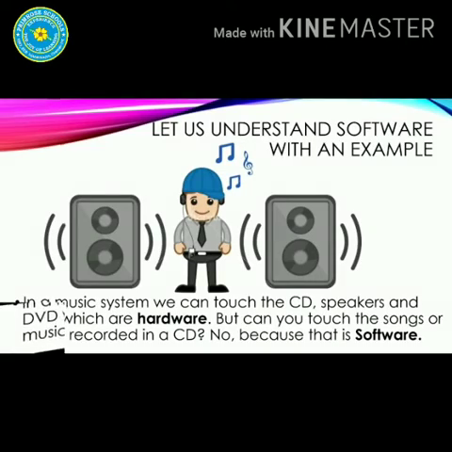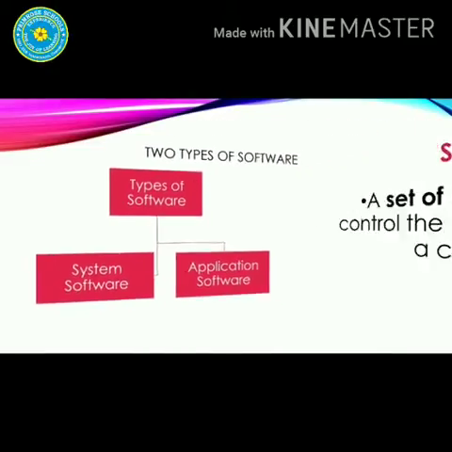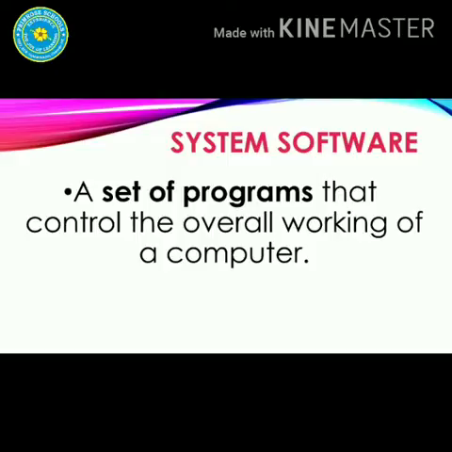Okay, do they have any types? Yes, there are two types of software: system software and application software. First, let's see about system software. It is a set of programs that control the overall working of a computer.